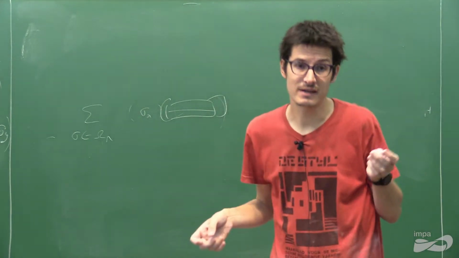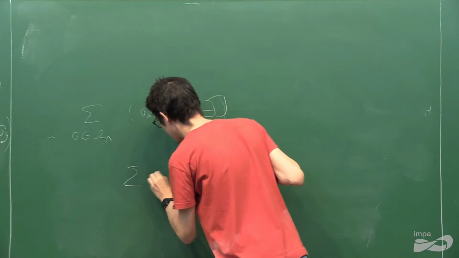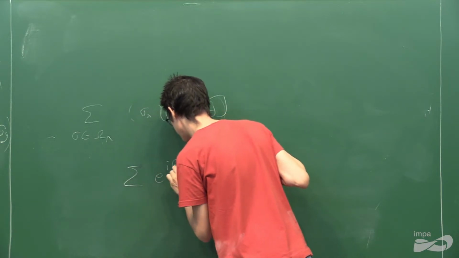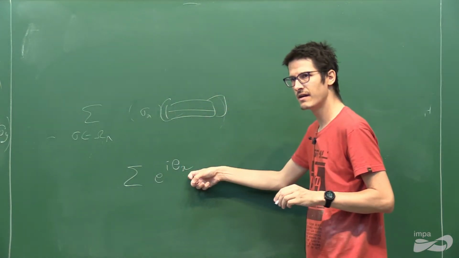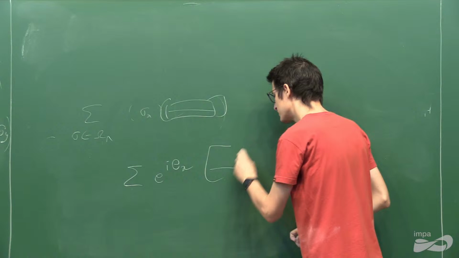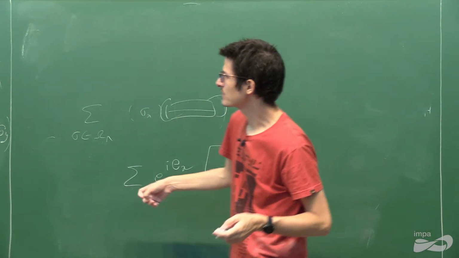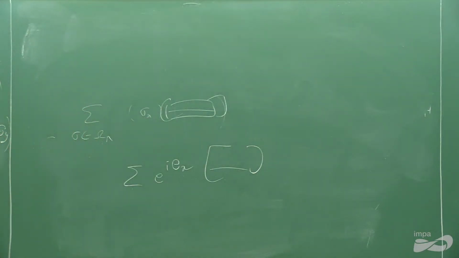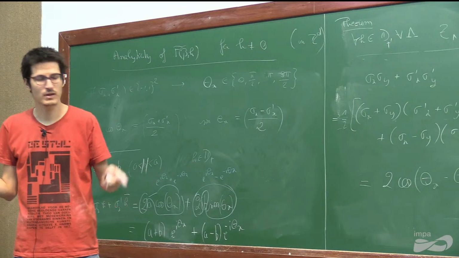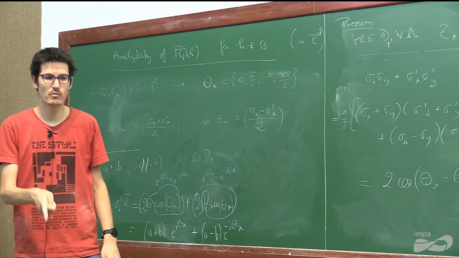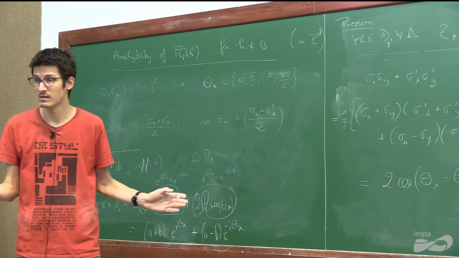So here, what we will rely on is the fact that if you have exponential I theta x somewhere, and then a bunch of things that do not depend on theta x, then when you sum over these 4 values you get 0, because you're just summing 1 plus I minus 1 minus I.